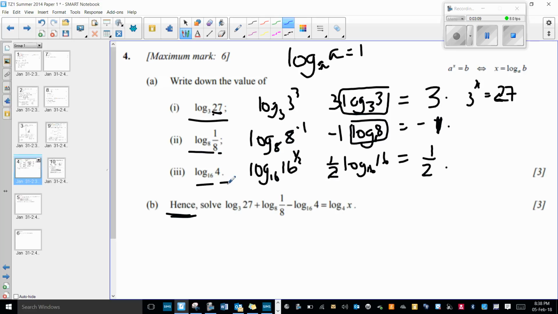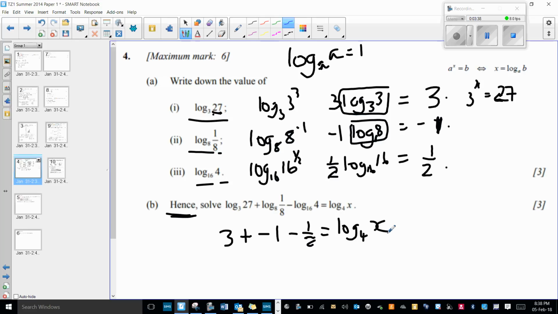So we would say that 3 plus negative 1, take away 1/2, is equal to log base 4 x. Notice on the left-hand side, they've all been changed to values.